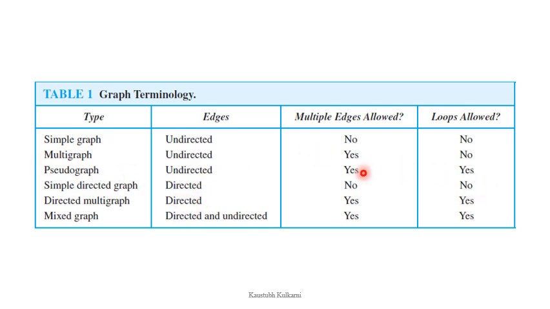If it has multiple edges and loops allowed, it is called a pseudograph. And if there is a mix of directed and undirected edges, and multiple edges and loops are also allowed, then it is called a mixed graph. But in most scenarios, simple graphs and simple directed graphs will suffice.